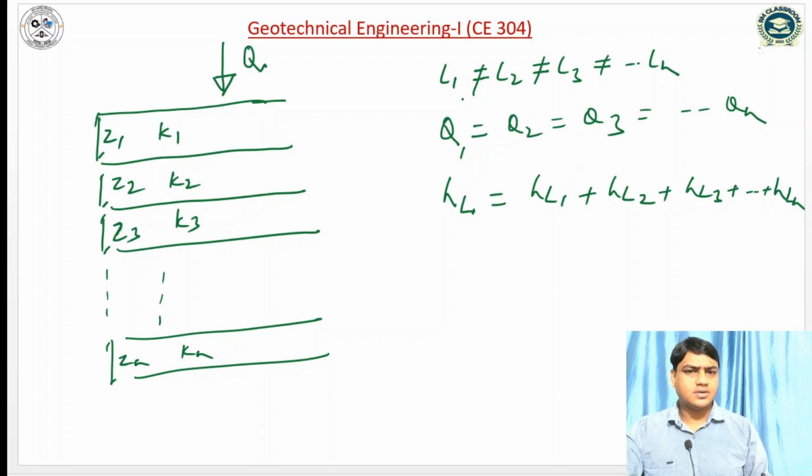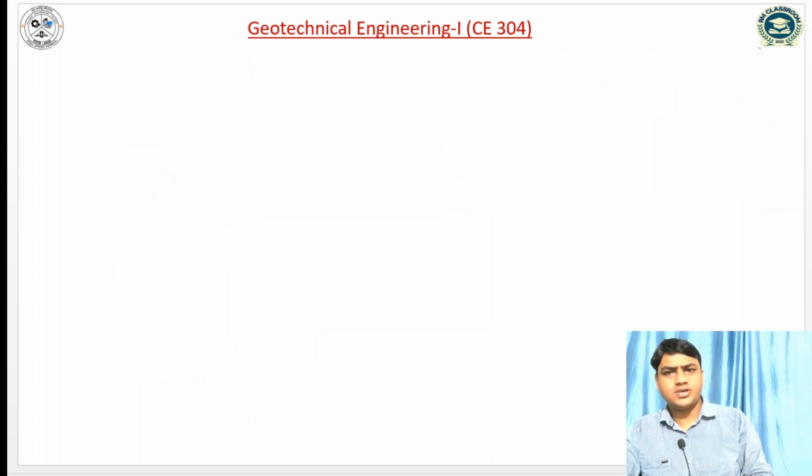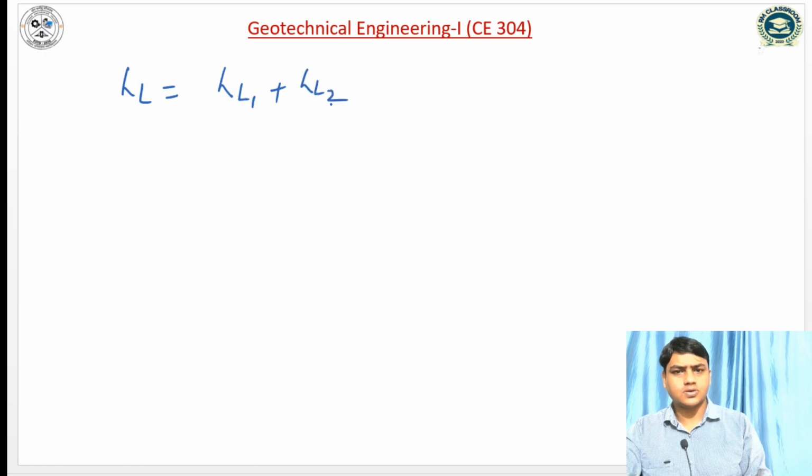Hydraulic gradient is not equal, but head loss can be written as HL, and let us assume this is our effective permeability in vertical direction. So we can write HL, head loss, is equal to head loss in first layer, head loss in second layer, and so on and so forth, head loss in n layer.